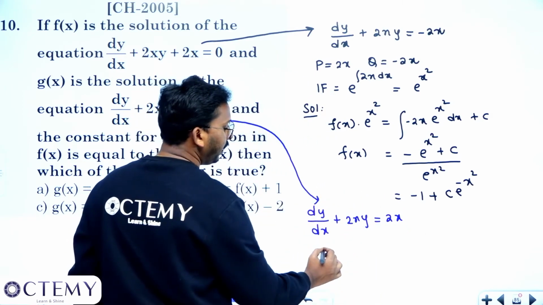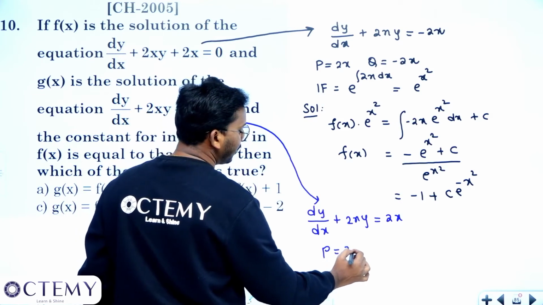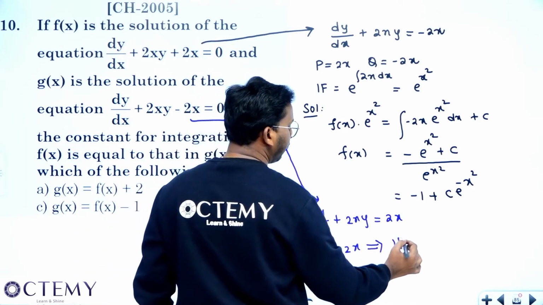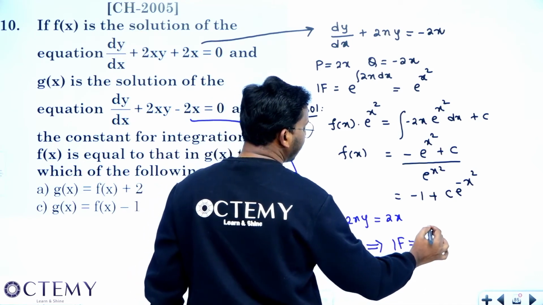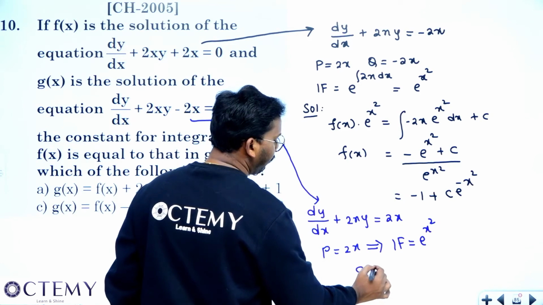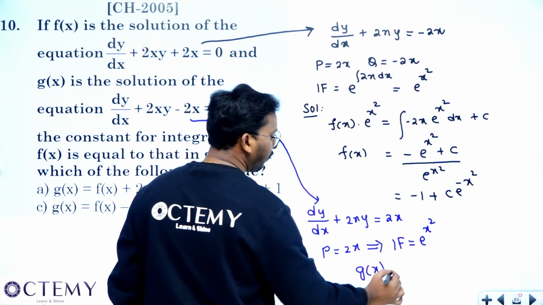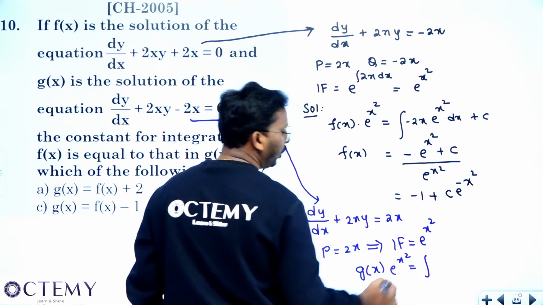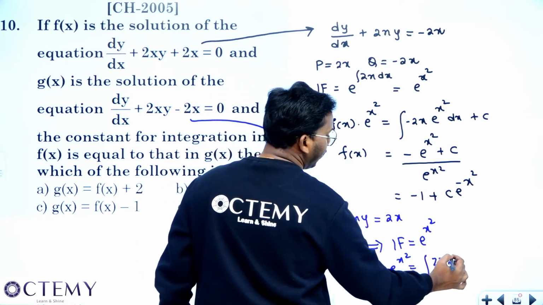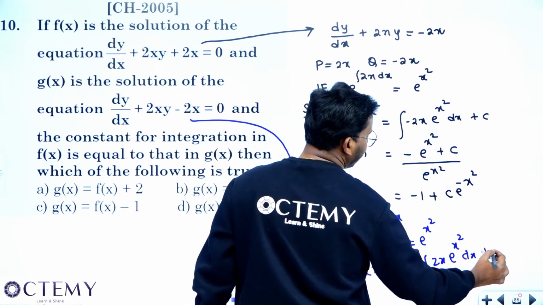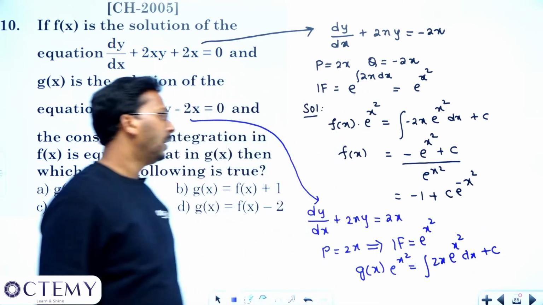Here what will p be? Here p will be 2x, which implies the integrating factor will be e power x square. And what will the solution be, sir? The solution will be g of x. Y actually is g of x, so g of x into e power x square is equal to the integral of q, which is 2x into e power x square dx plus c, right?